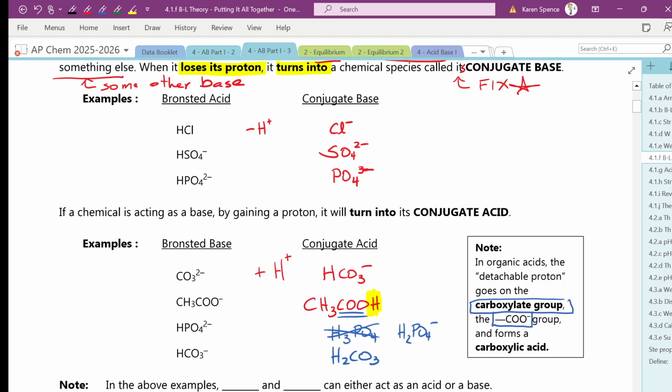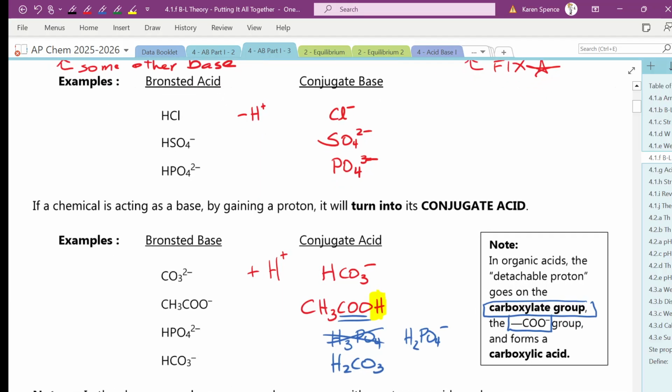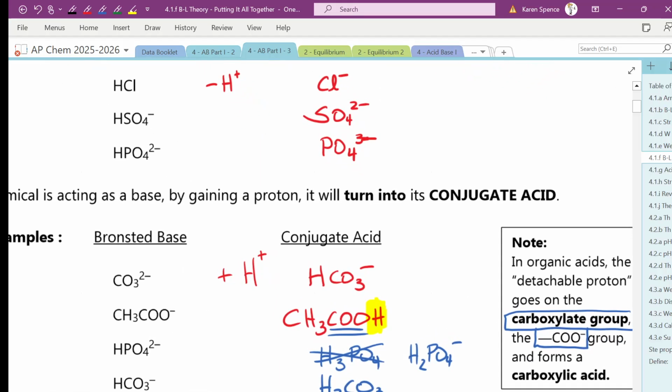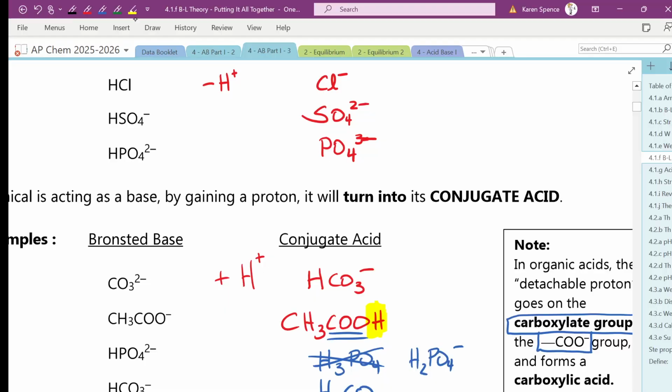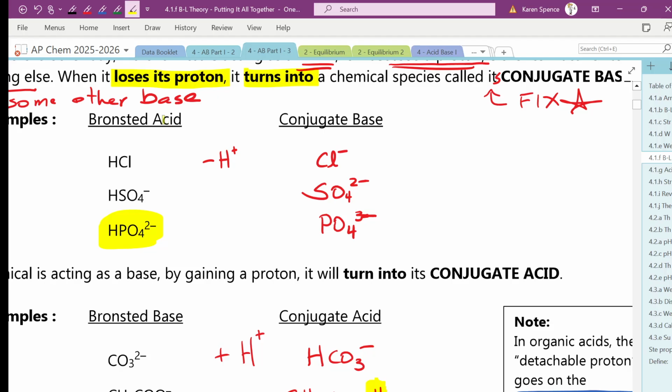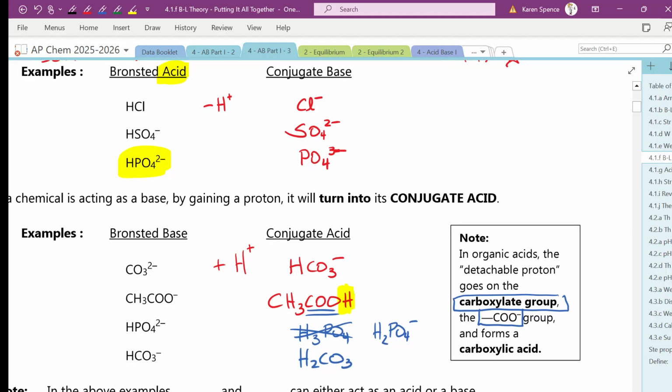In these 7 examples that we have, who are the amphiprotic substances? HPO4, because you can see here it is listed as an acid, but it is also here where it is listed as a base.